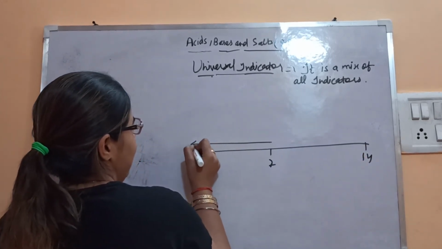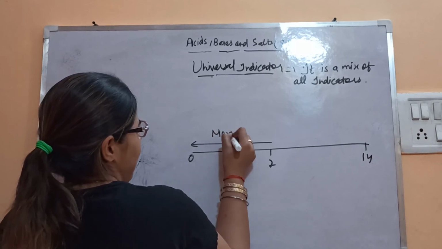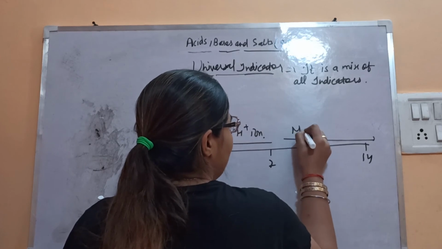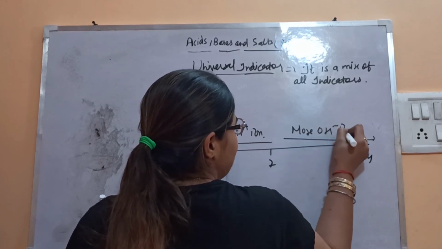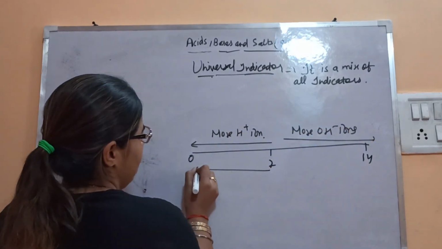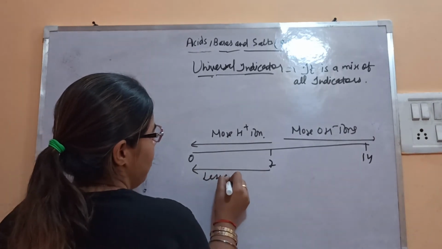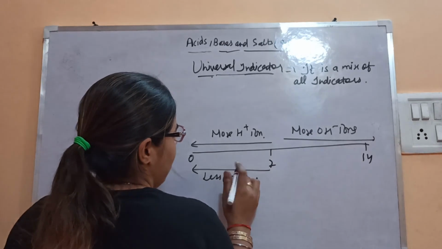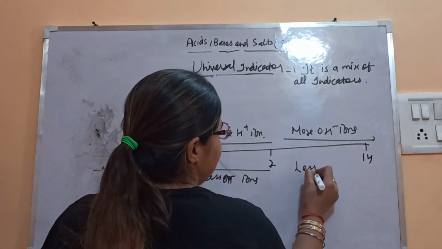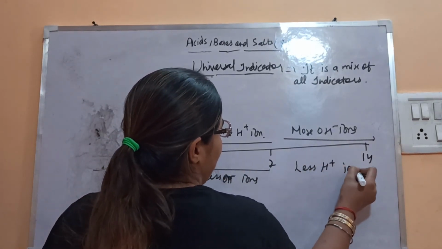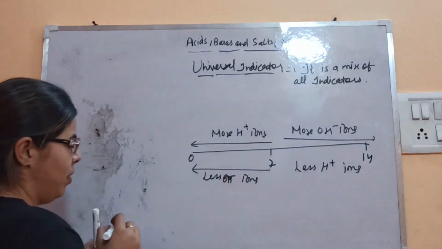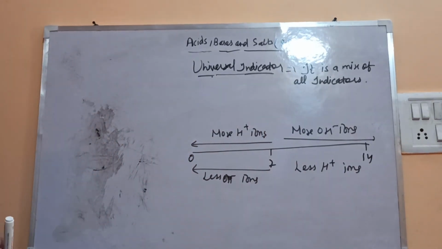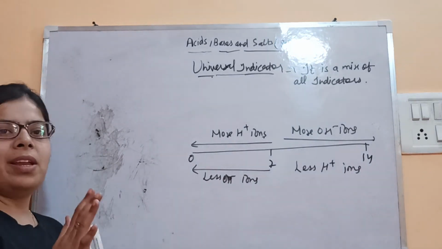Okay, so this side more H plus ions, and this side more OH minus ions, less OH minus ions here, and less H plus ions here. Fine. So this is about the pH. Okay, I hope I am clear till here.